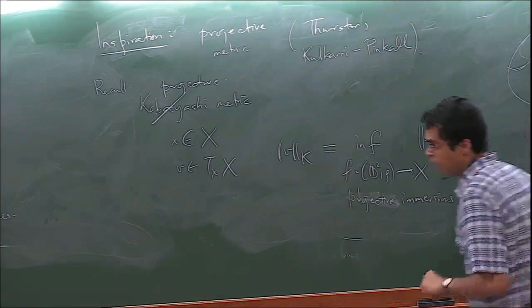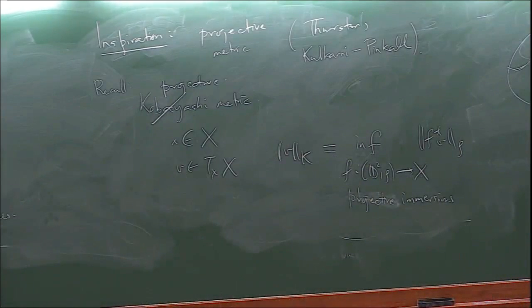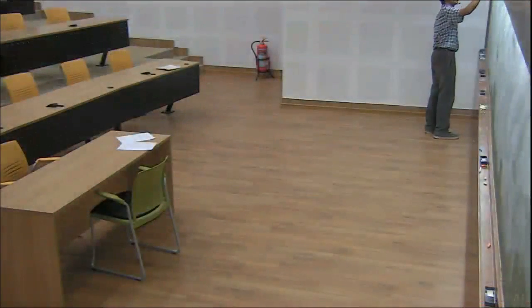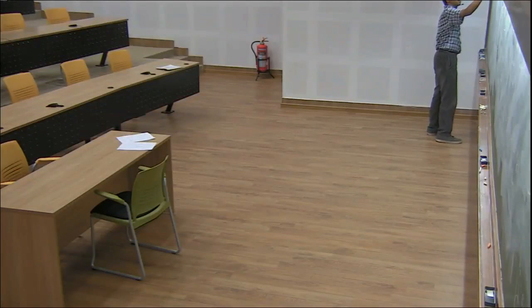Let me end with some further questions and the context in which we started looking at this. The context is the action of the mapping class group on the character variety.